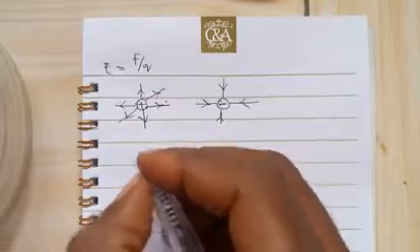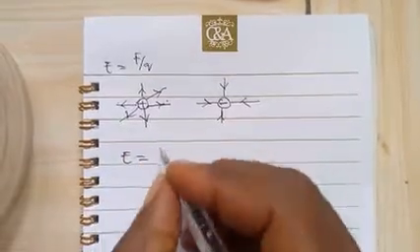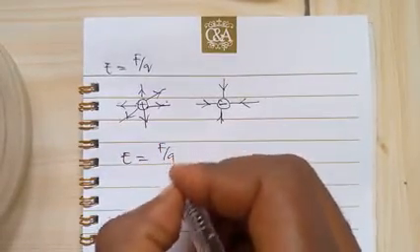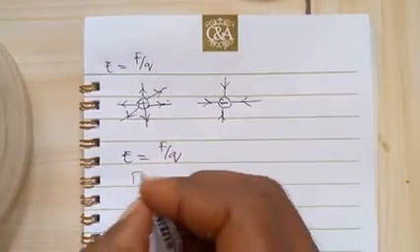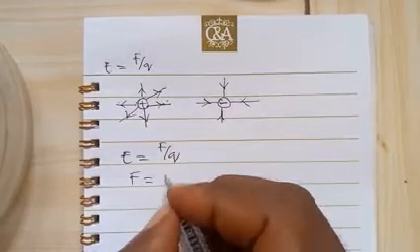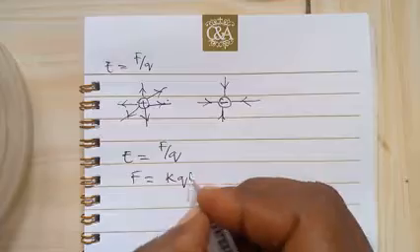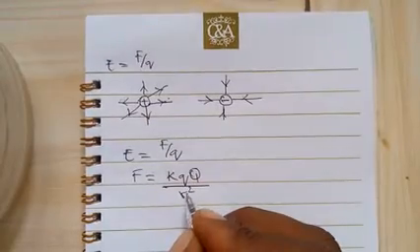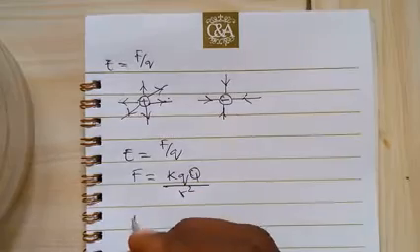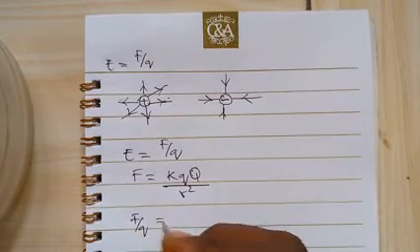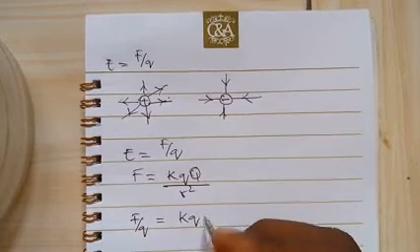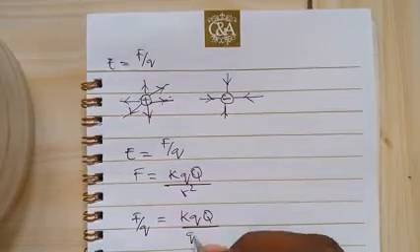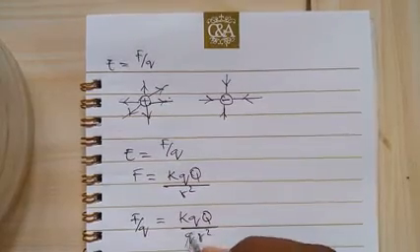So if we say that electric field is equal to force per unit charge, remember that force on its own is giving us K, Q, q over r squared. If we divide both sides by small q, we'll have that force over q is equal to K, Q, q over q r squared.